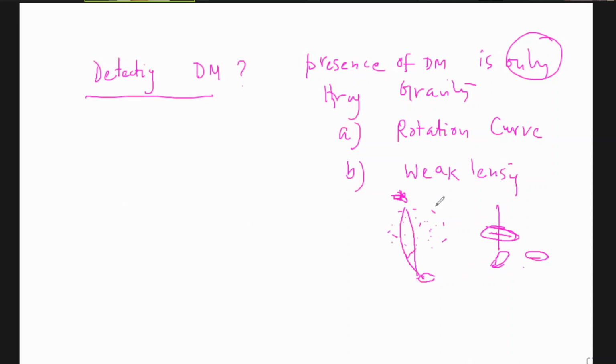People know exactly how much dark matter can distort by computing simulations. So given the shape of the images, they can map back the dark matter. This is called weak lensing. And they also have found a similar dark matter profile to what I was telling about the rotation curve. And then there is the CMB.